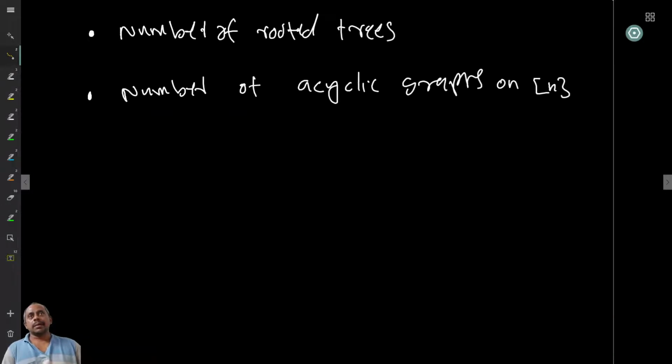You can ask for the number of rooted trees, the number of acyclic graphs, all this we can ask. So these are all questions. Some of these we will try to tackle now, and some we can work out when we look at further topics like species and things like that. We might find an easier way to do this. But we will look at a couple of things at the moment.